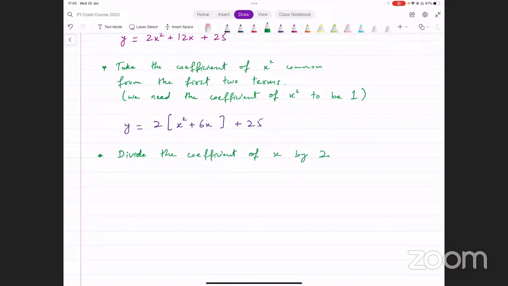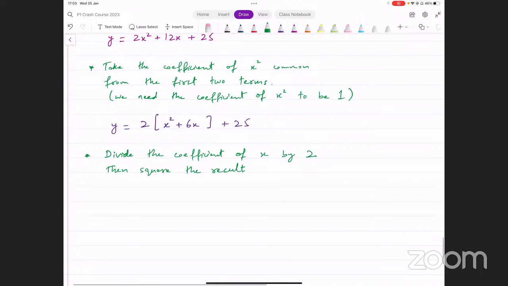Then you square the result. So in this case, what's the coefficient of x? It's 6 right now. You divide 6 by 2, and then you square that number. What do you get from that? You get 3 squared. You're going to leave it in this form. You do not evaluate the square yet.